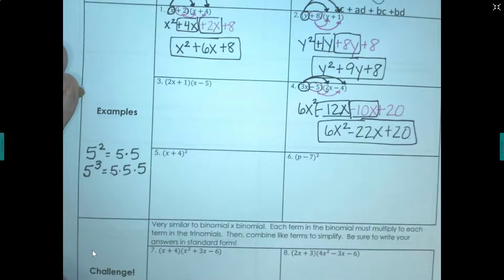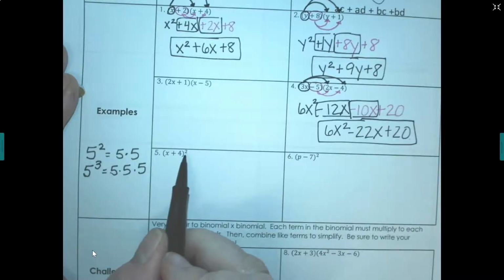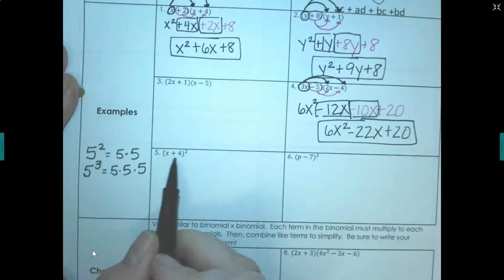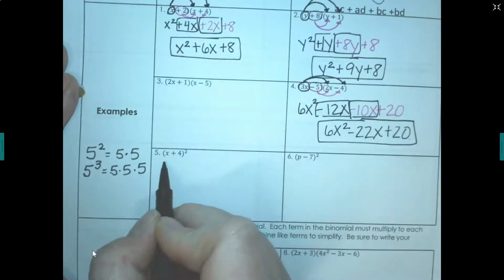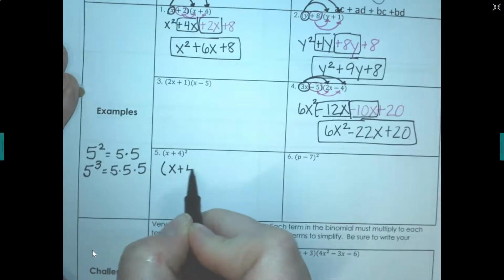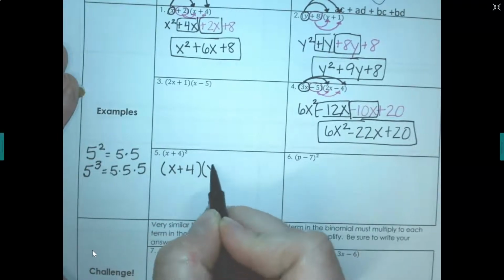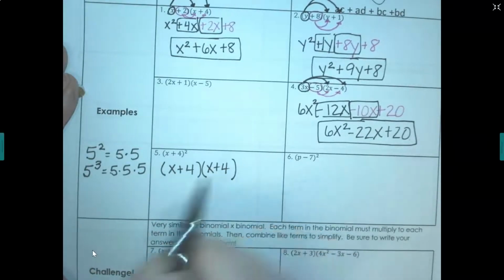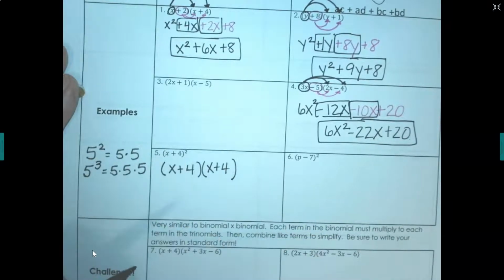Okay? So the exponent's telling you how many times to write something. So this exponent of 2 is saying write that whole parenthesis twice. So I'm going to write x plus 4 times x plus 4. These say the same thing. That's what they want you to do.